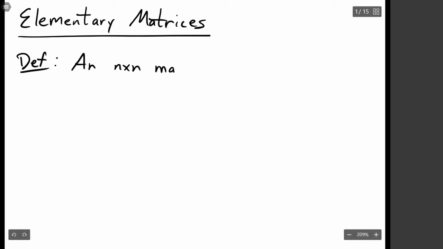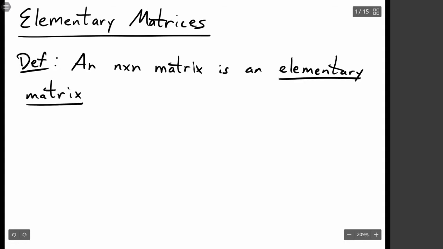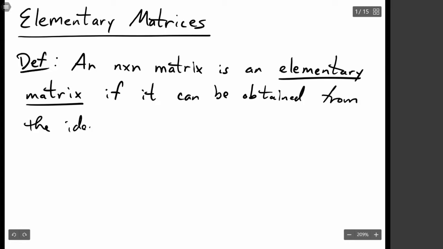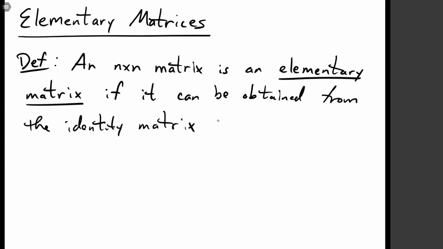matrix is an elementary matrix if it can be obtained from the identity matrix via one row operation.